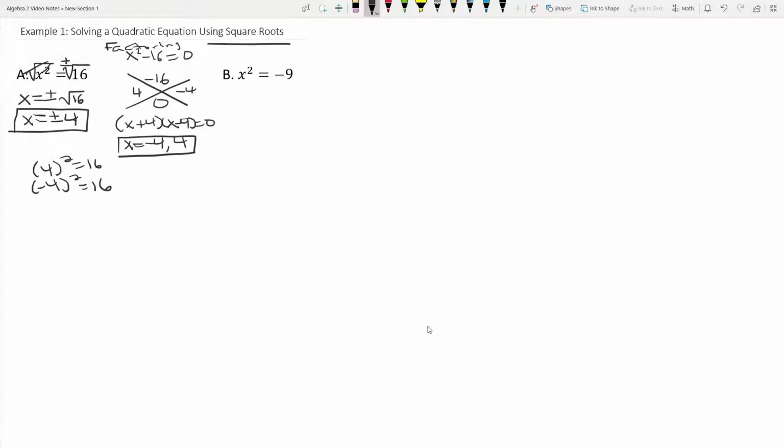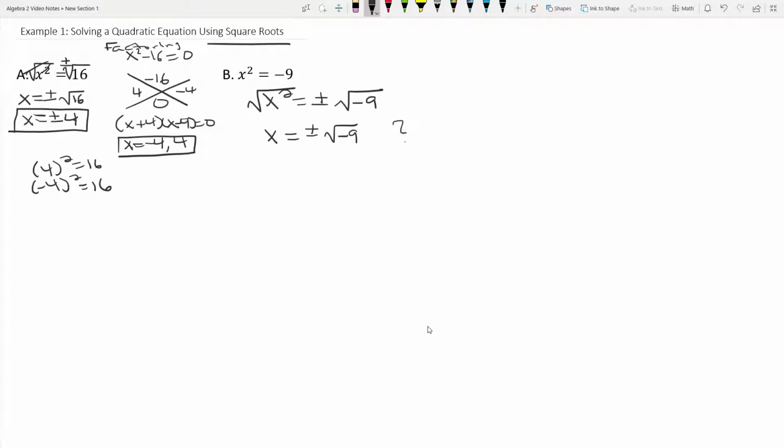Now for this one, you can do the same thing using square roots. We have to get rid of the square on the x, so we take the square root of both sides. Again, don't forget the plus or minus. So now we have x equal to plus or minus the square root of -9.